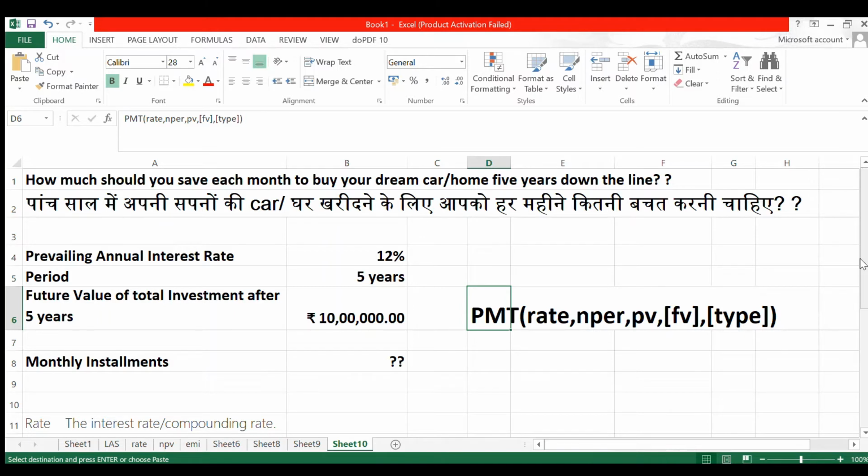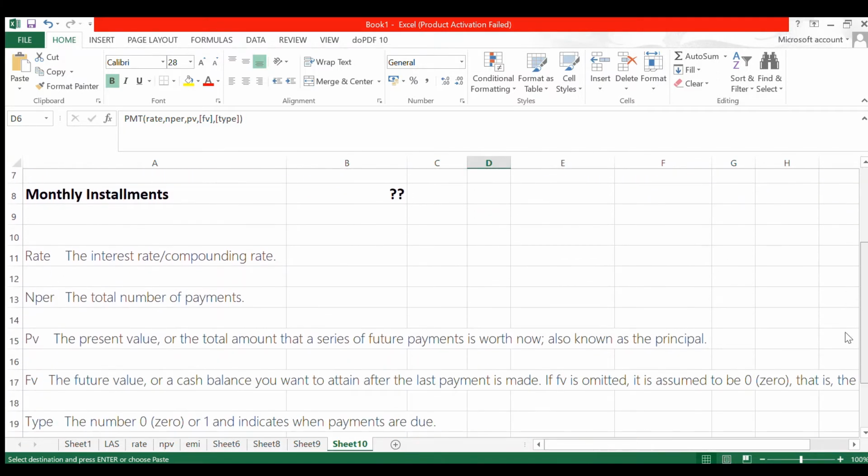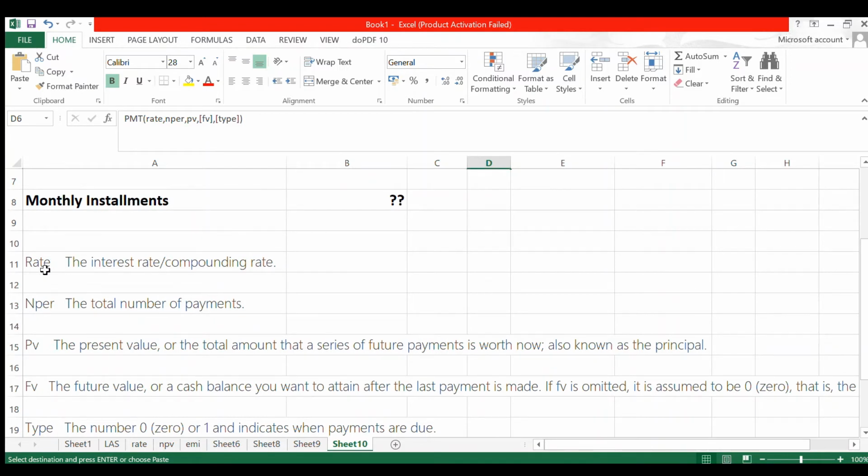Now let us check what each of these input values means. Rate is the interest rate or compounding rate. In the case of calculation of loan EMI, it is treated as the interest rate of the loan, and in case of savings EMI calculation, this rate is treated as the compounding rate of the savings.